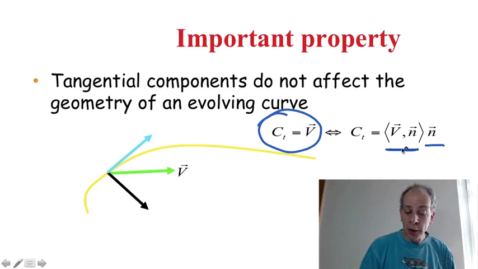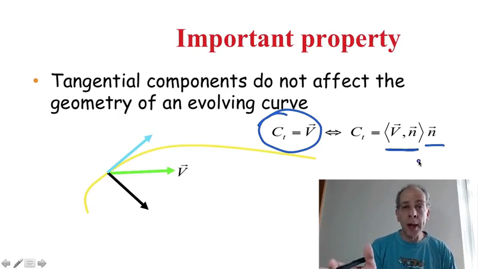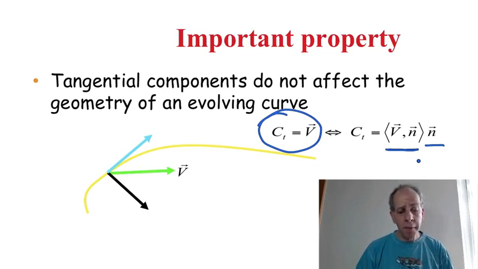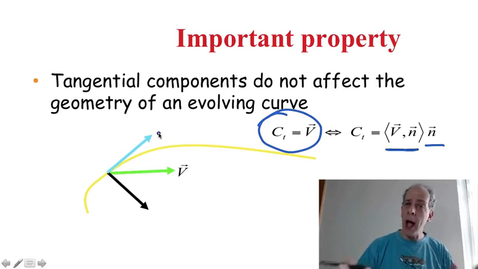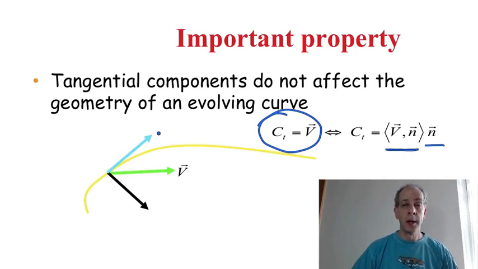So often we are going to just write curve evolution as deformations in the normal direction. That's all we care about. Sometimes, for convenience, if you want, you can add tangential components. You can add them as you wish because they don't deform the curve.